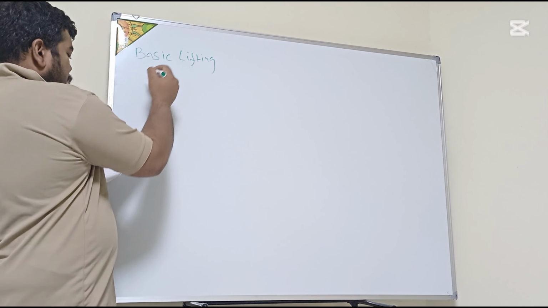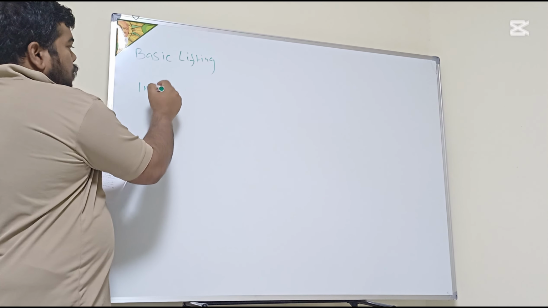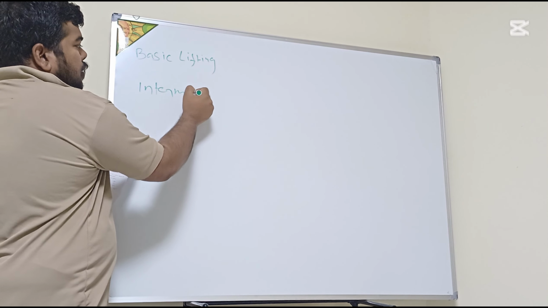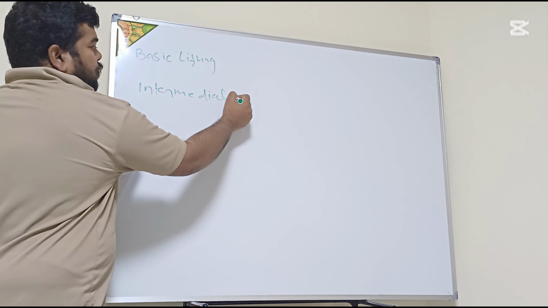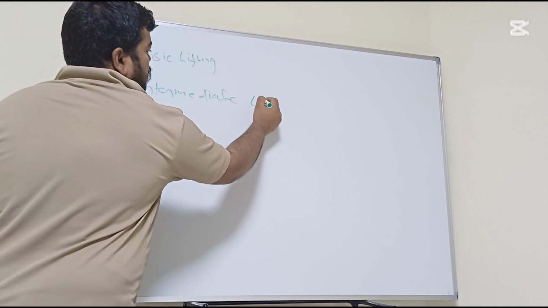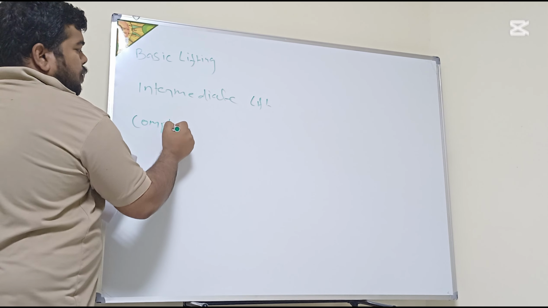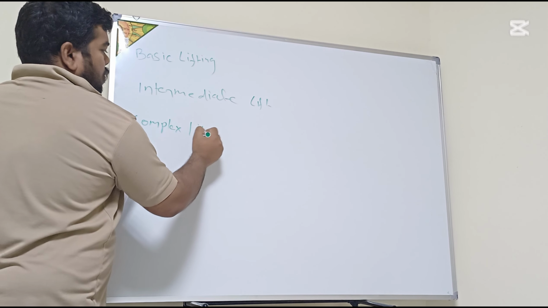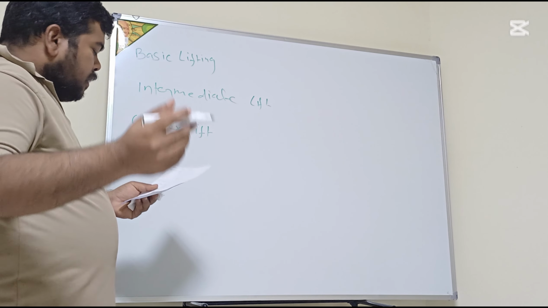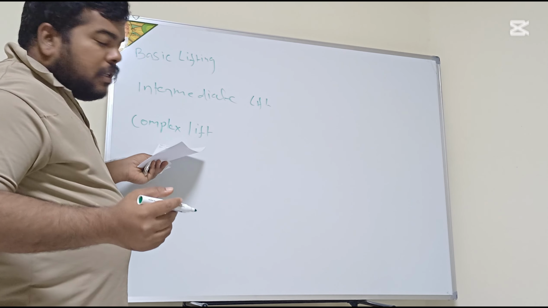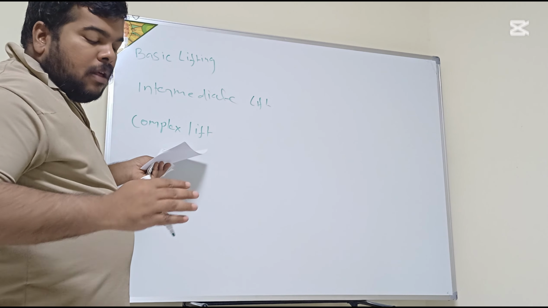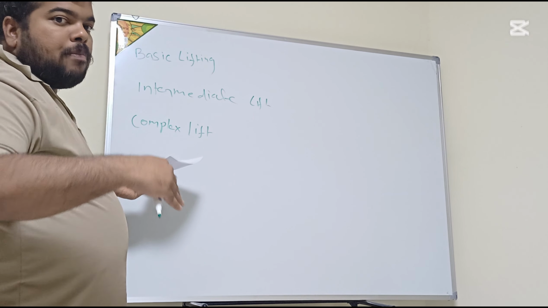So we have basic lifting, we have intermediate lift, and we have complex lift. Also, as I said, complex lift means there will be lifting nearby a power line.